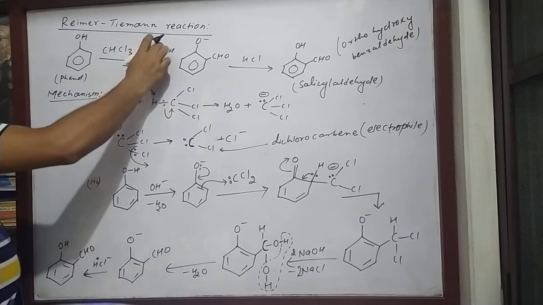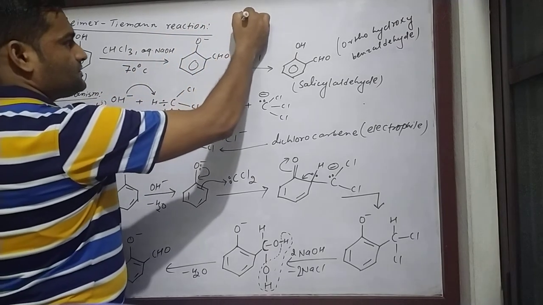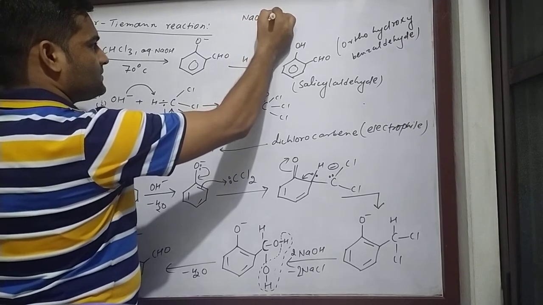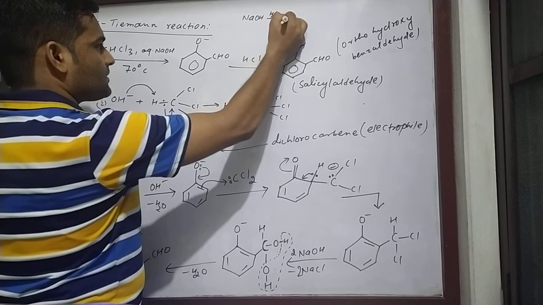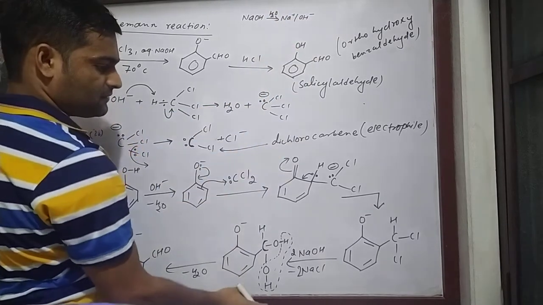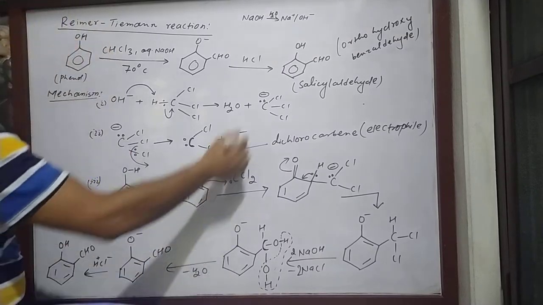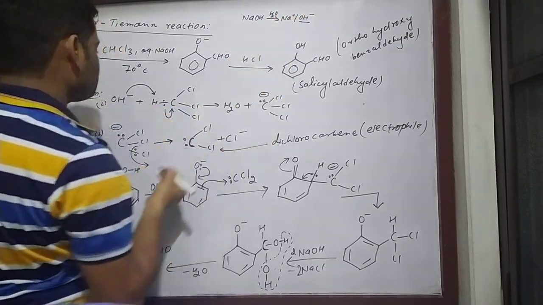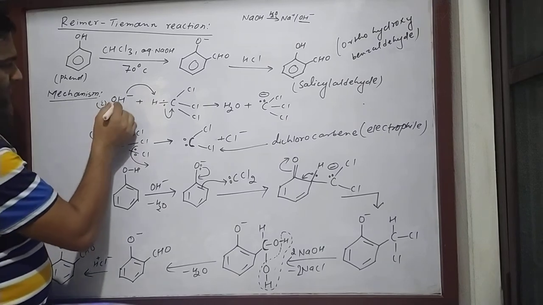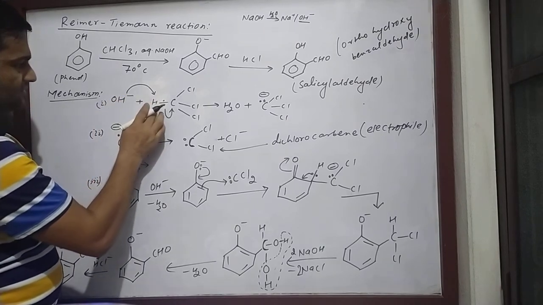At first, the sodium hydroxide, NaOH, in the presence of water, aqueous meaning in the presence of water, ionizes to give Na plus and OH minus. In the first step of the mechanism, this OH minus reacts with CHCl3.